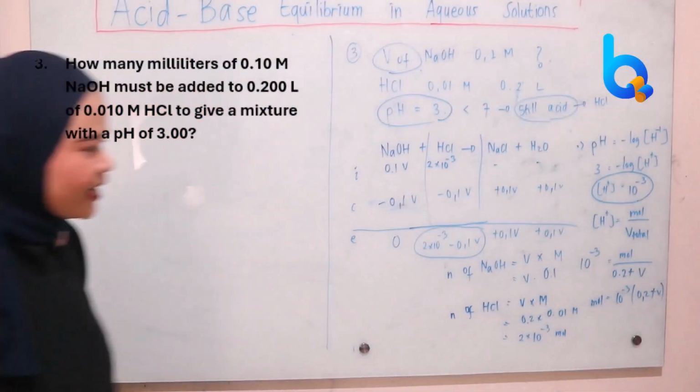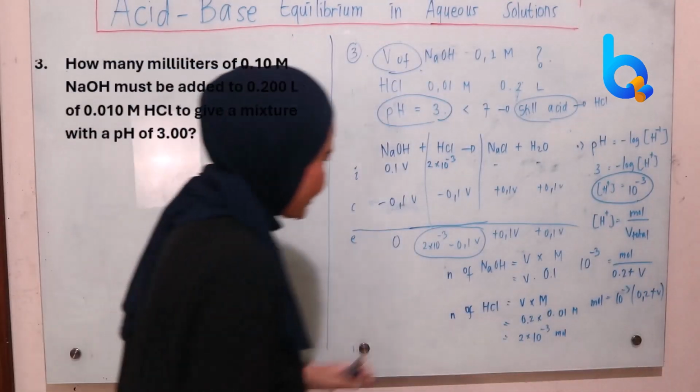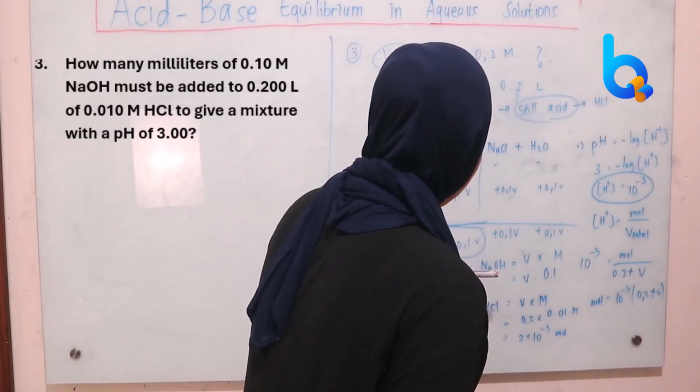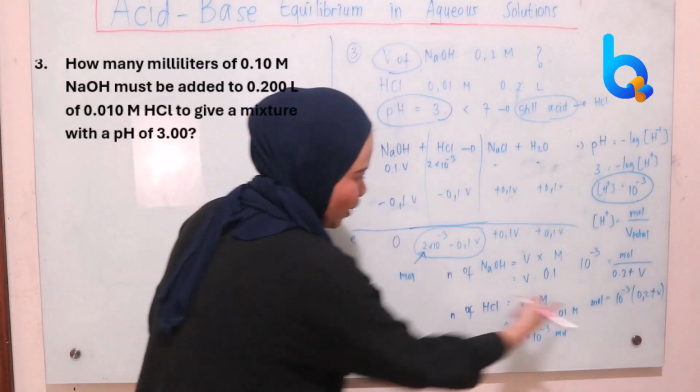a little bit complicated because it's in liters, but it's okay, we can complete this. So it will be with moles, right? This is moles, and we also have this.